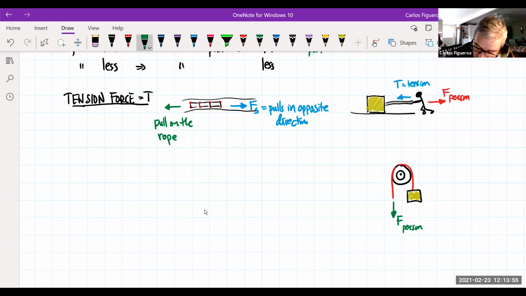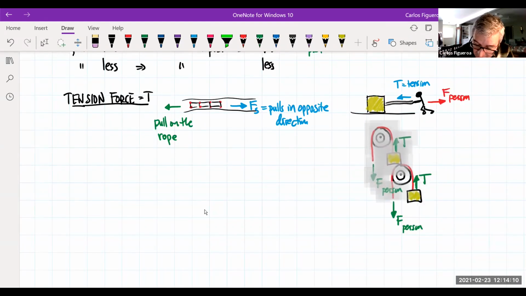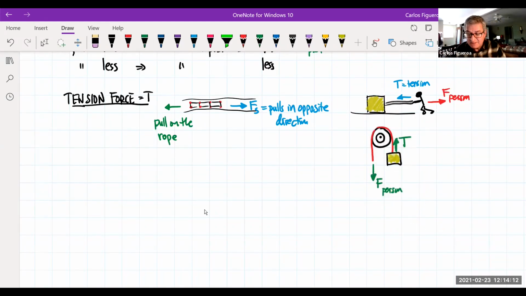This thing translates because of the springs, in such a way that what this box feels is the tension, which is in the opposite direction. So it's the same type of thinking.